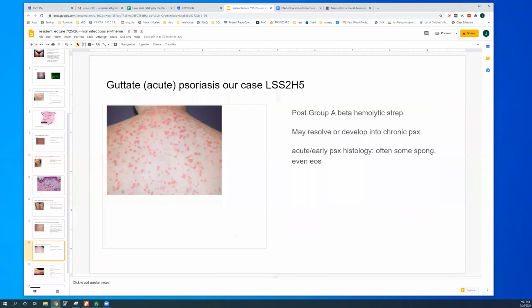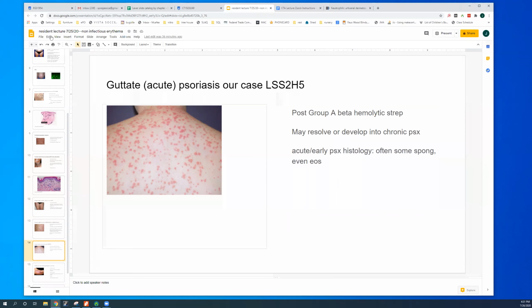Here's a guttate psoriasis, as you all know, associated with infection with group A beta hemolytic strep. It may resolve or it may develop into chronic psoriasis. It has an acute or early psoriasis histology and often even has spongiosis and eosinophils. So let's look at our example.